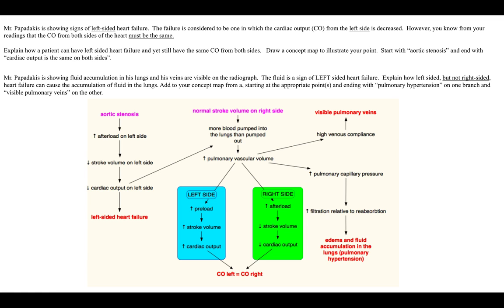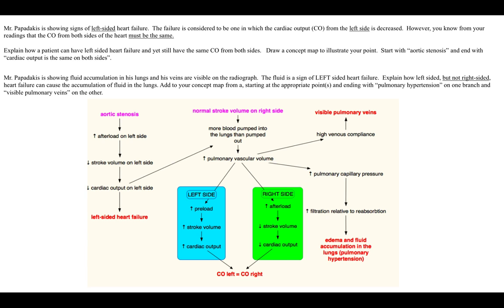Your kidneys are retaining fluid, and your venous pressure is going up, your vascular function curve is still operating, and all that stuff is still going on. And so you'll get increased capillary pressures in the system as well. And sometimes you may see some signs of right-sided heart failure as well, like jugular venous distension or something.